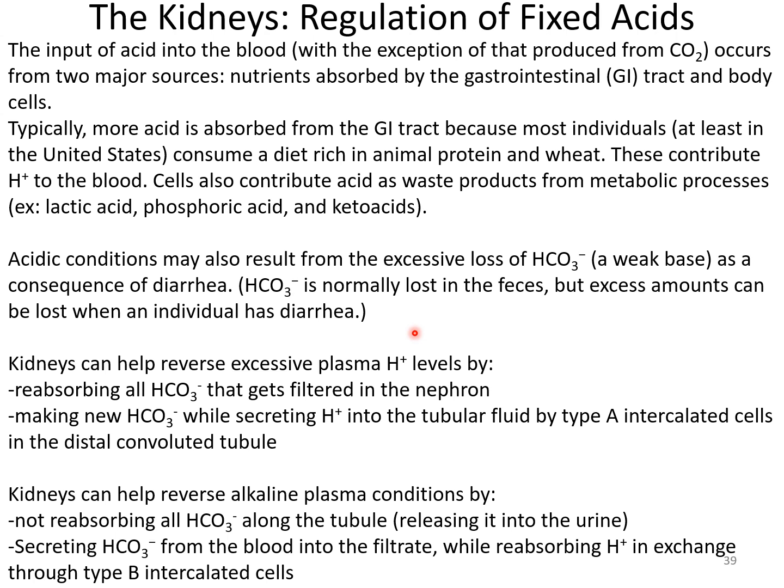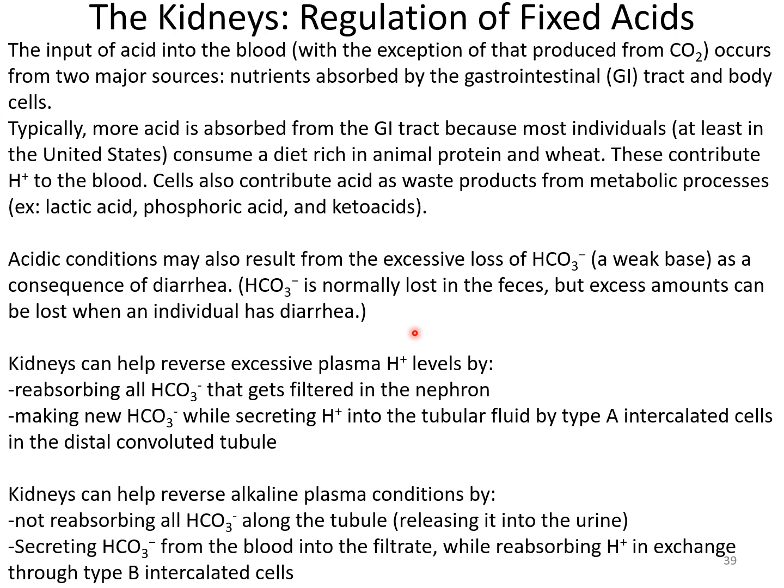Acidic conditions can also result from the excessive loss of bicarbonate, which is a weak base, as a consequence of diarrhea. Bicarbonate is normally lost in the feces, but if somebody has diarrhea and they're losing it abnormally, then you can lose excessive amounts of bicarbonate.